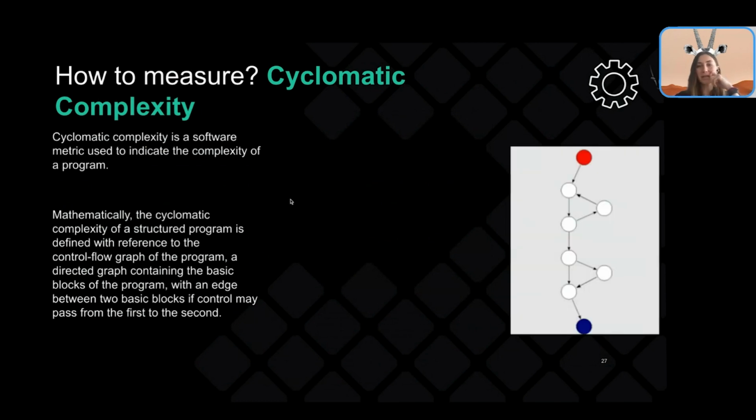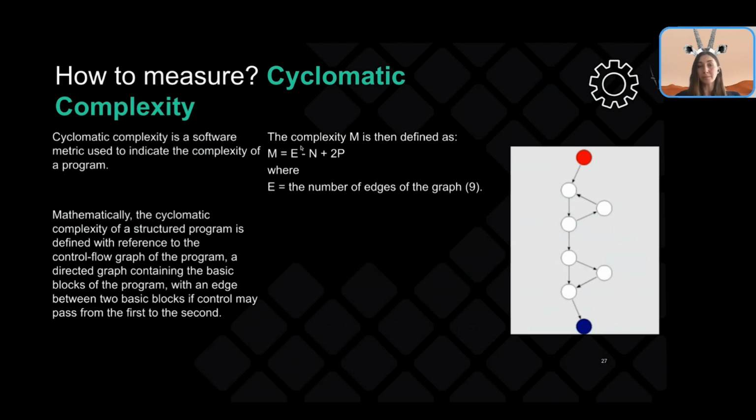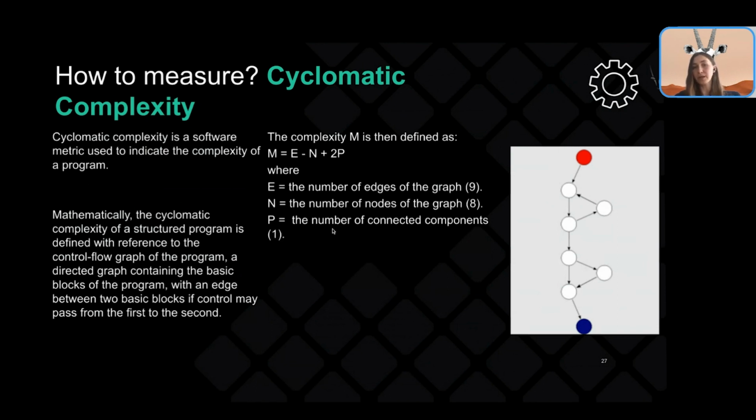Cyclomatic complexity is basically when we're creating the graph that is kind of defining the possible states of your code. And then we're calculating the cyclomatic complexity based on this specific formula that we have here, where E is the number of edges on the graph, N the number of nodes, and P the number of connected components.